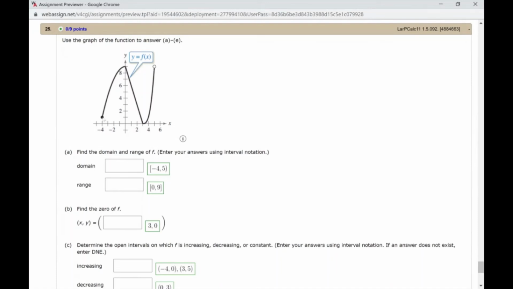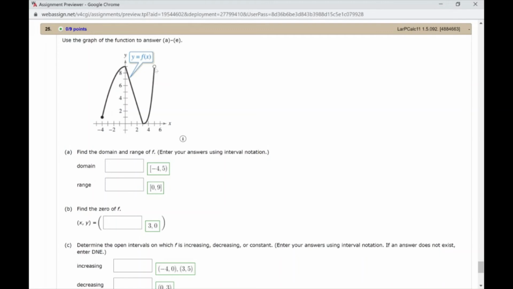It's bubbled in, so that means it's included. Do we write a bracket or a parenthesis for -4? Bracket. So it's from -4 all the way to the right.